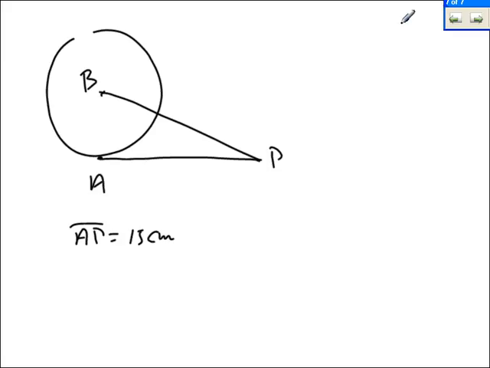You're also told that the radius of circle B is 8 centimeters.